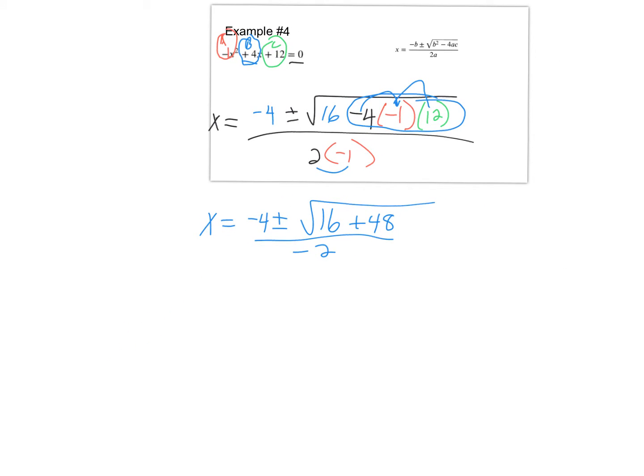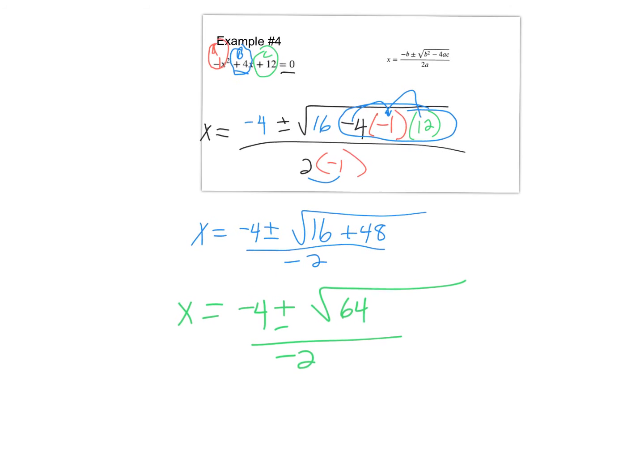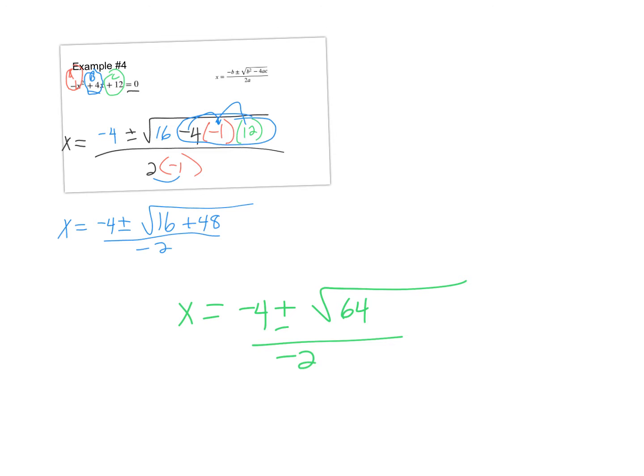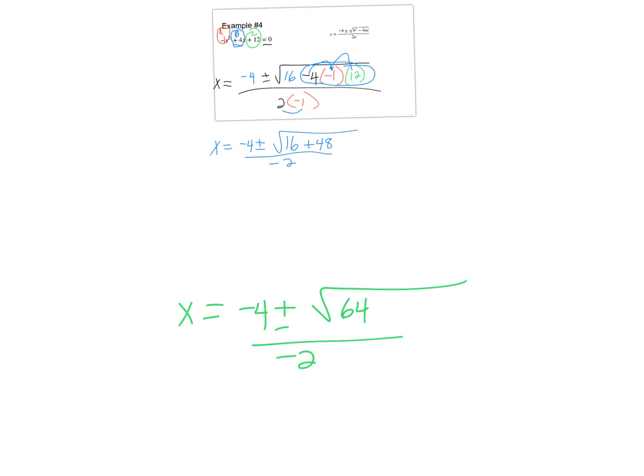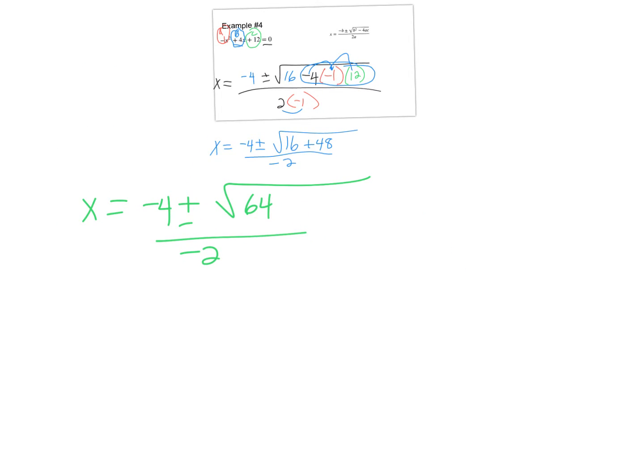Now I'm going to continue the work under the radical here. So x is equal to negative 4 plus or minus radical. Now 16 and 48 is going to be 64, all divided by negative 2.